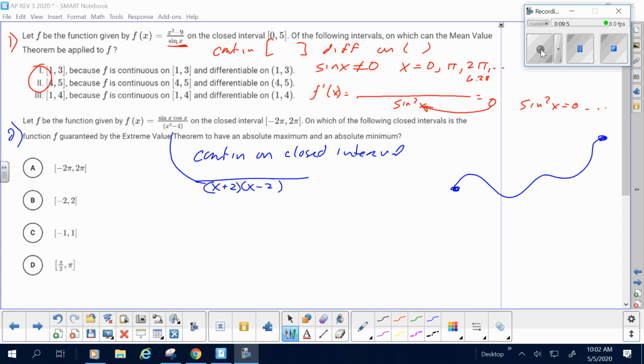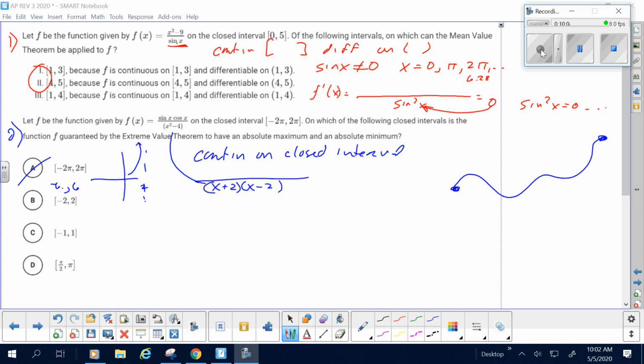Well, this is like -6 to 6. That involves those vertical asymptotes. So if you think about it here, it's going to go crazy at 2, and therefore that's not going to have an absolute max. That's no good.